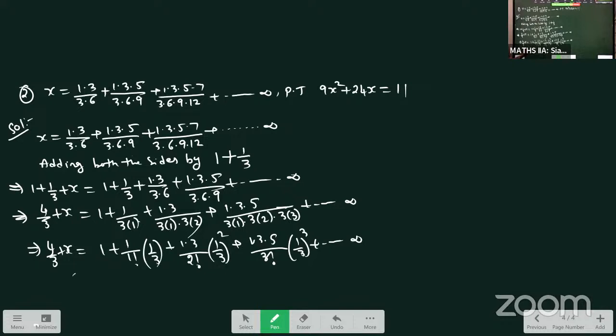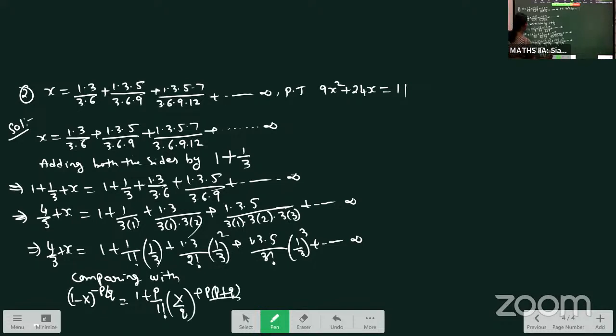Now we have to compare. Comparing with the positive infinite series formula: 1 minus x whole power minus p by q is equal to 1 plus p by 1 factorial into x by q plus p into p plus q by 2 factorial into x by q whole square plus so on.